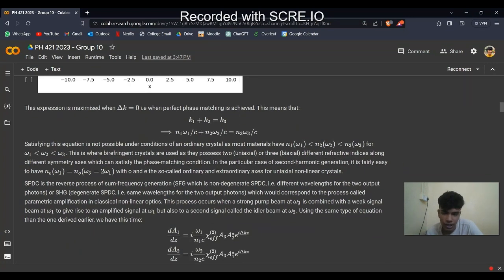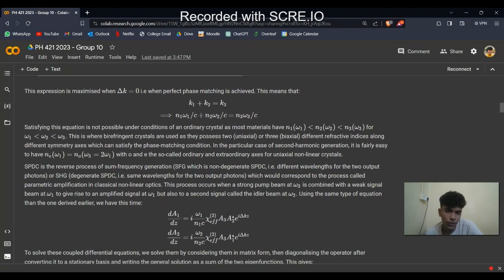This will be discussed in full detail by my partners in the coming sections. But the idea is that along one axis you cannot equate n1 omega 1 plus n2 omega 2 equal to n3 omega 3. But if you consider one half of this equation to be from the extraordinary dimension and one from the ordinary dimension, then an equality is possible, and this is what we take advantage of, right?